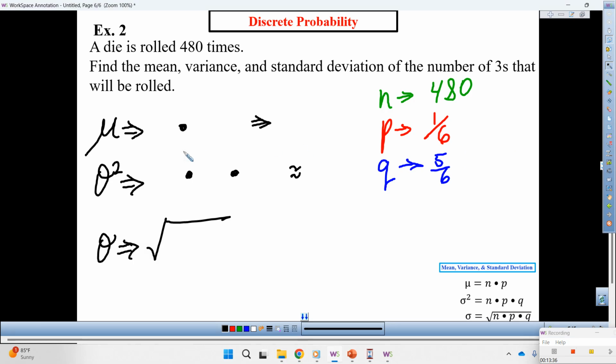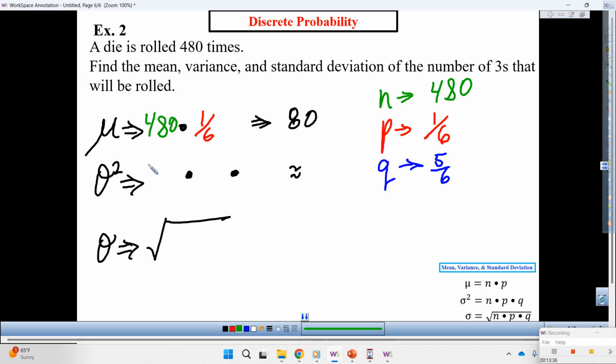What'd you get for mu? 80. Hands if you got 80. Looks about right. And once again, that was 480 times 1/6 becomes 480 over 6, or 480 divided by 6. That gives us 80. Okay, not bad.